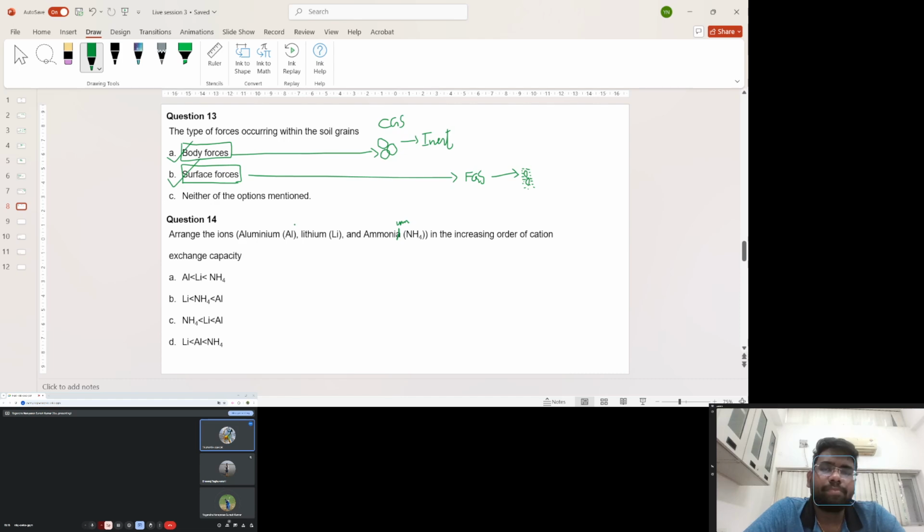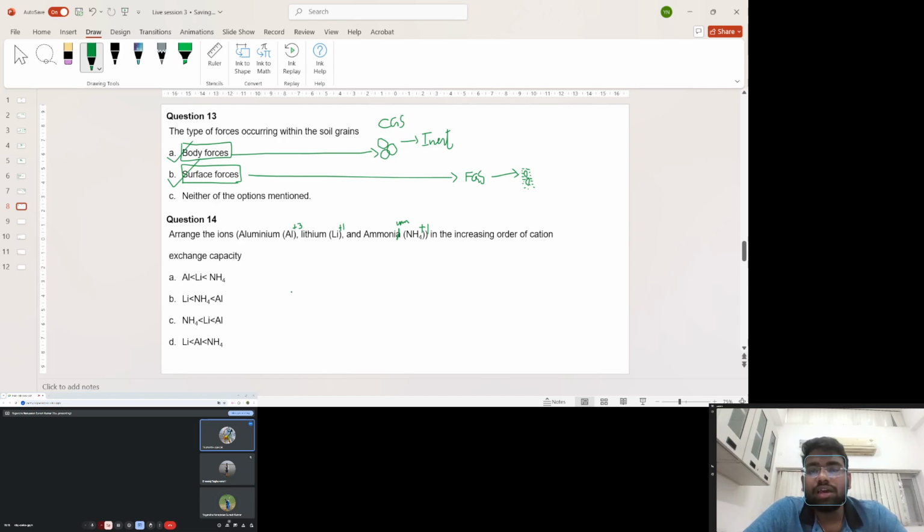Plus 3. Lithium is plus 1. And ammonium is NH4, plus 1. This is also a single charge.